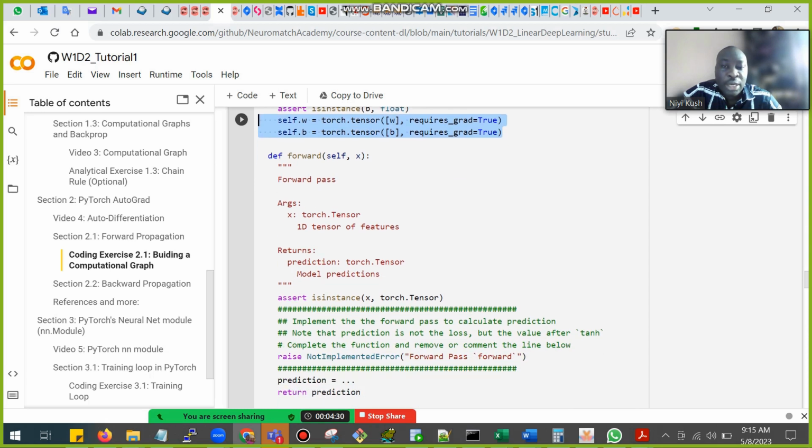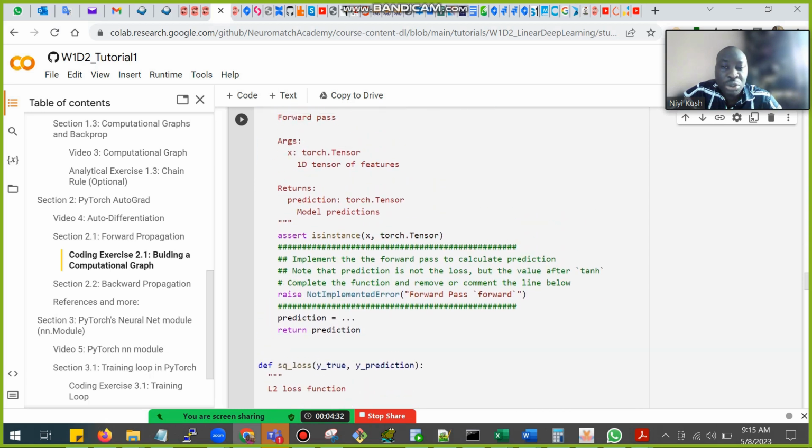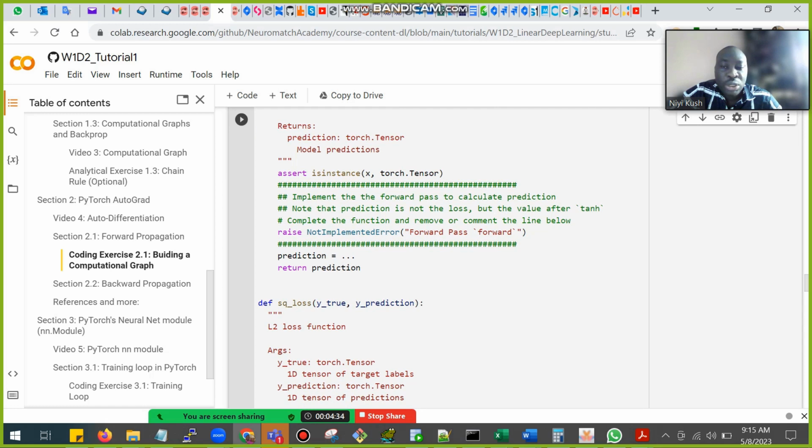Actually, in this function, we can comment these out. We don't need to raise any error. So in the prediction, we need to just put in our code.